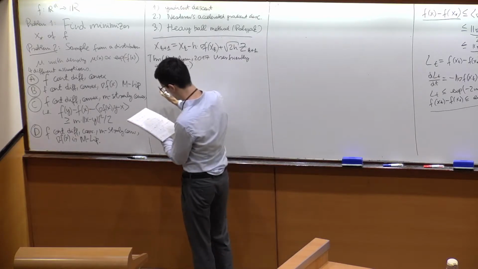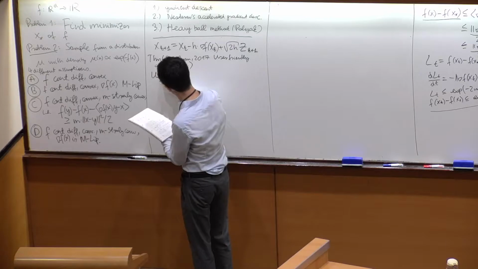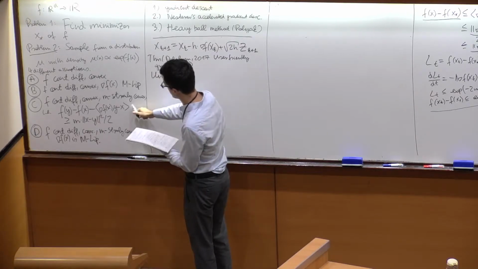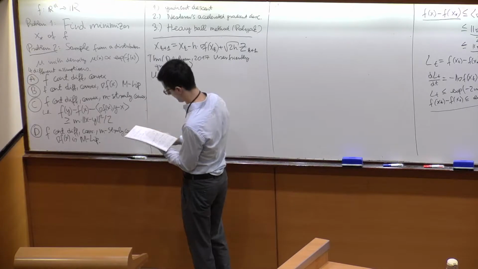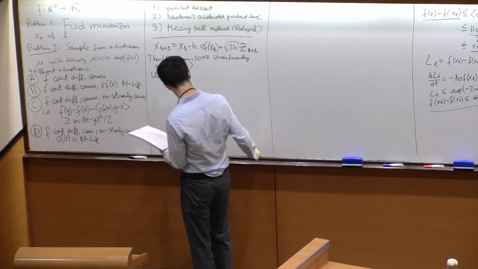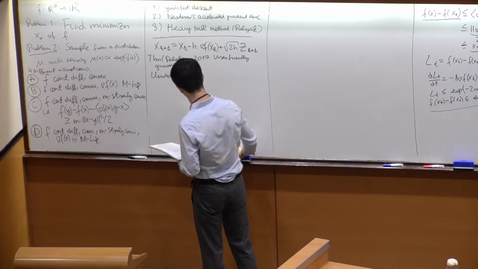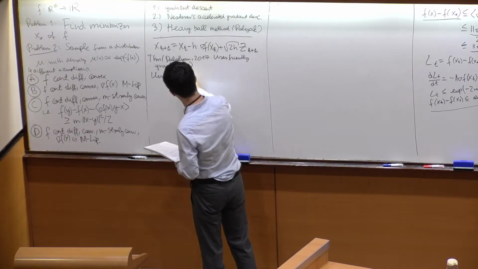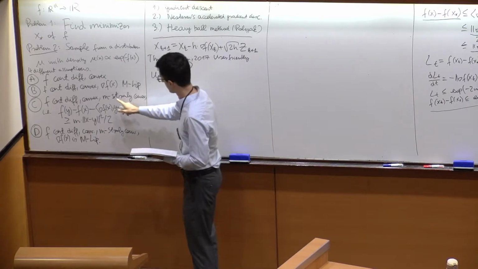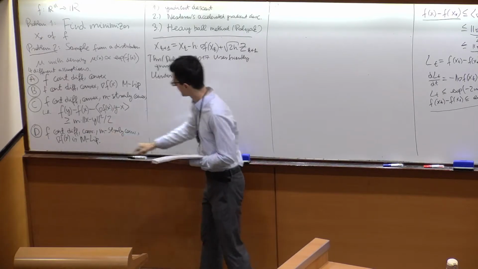So under assumption D, we need both assumptions, strong convexity and smoothness.